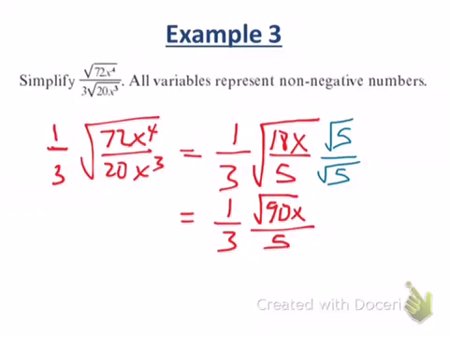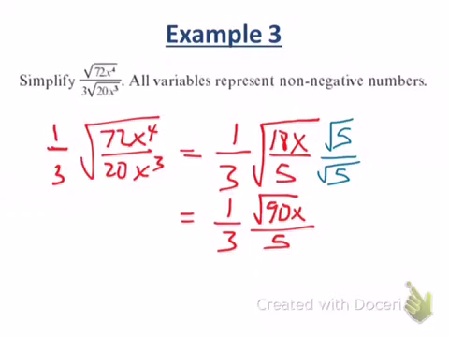Why does it do that? Why does what do what? When you do square root of 5 times 18x over 5, why does it cancel the square root at the bottom? Because 5 times 5 is 25, and the square root of 25 is 5.